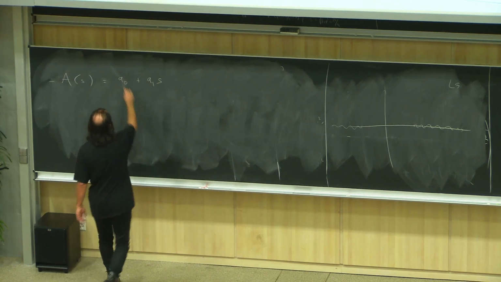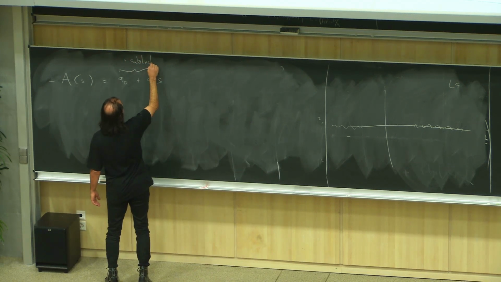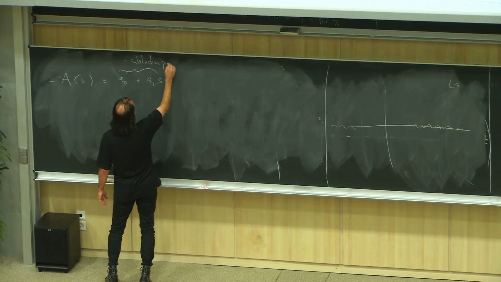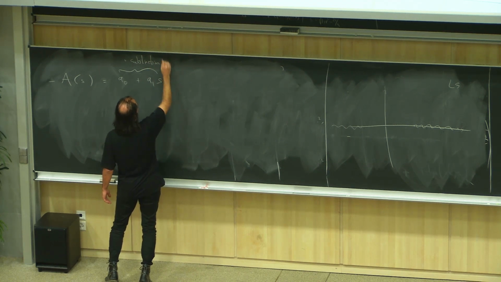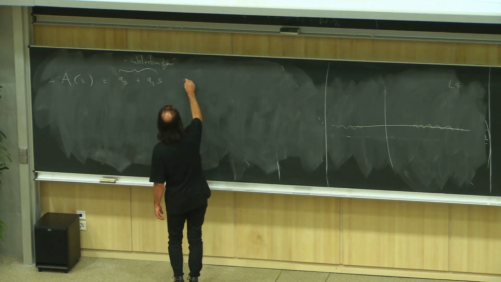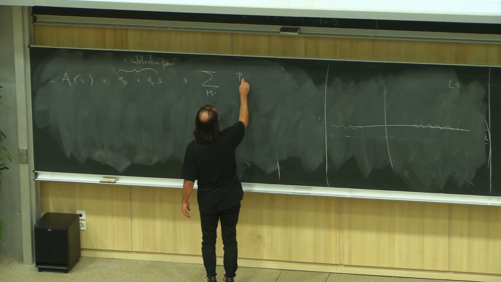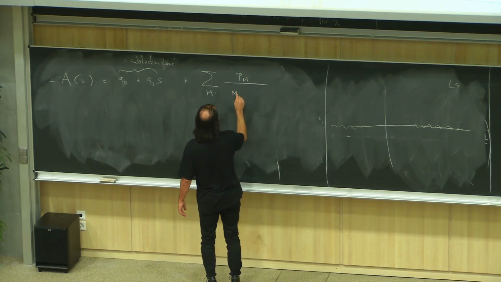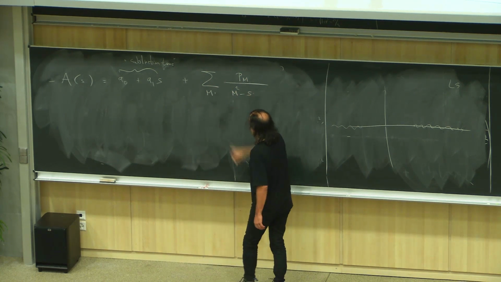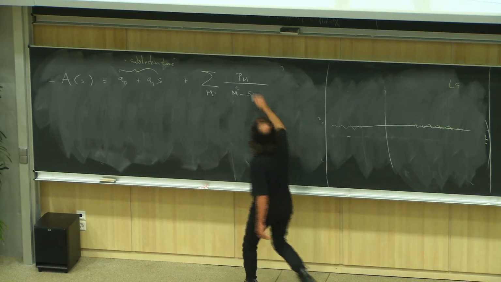These are called subtraction terms, because I don't actually know what's happening at infinity. But the rest now has to look like a sum over m with some positive coefficients P_m over m squared minus s. And again, the sum might be an integral. So P_m is positive.